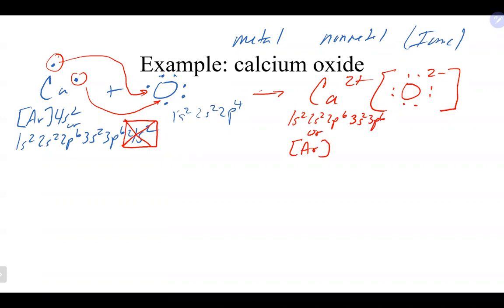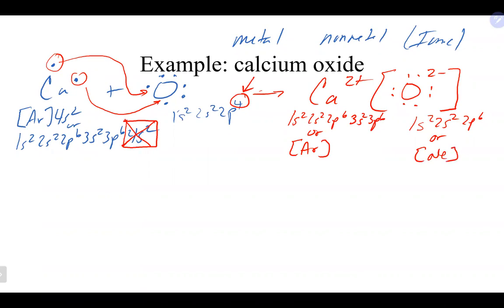That's what the little brackets and the Ar in the middle means. The oxygen has room for those 2 electrons right there in the p subshell. So it will pick up those 2 electrons and go 1s2, 2s2, 2p6, which once again is 10. And that is the same as neon's configuration.